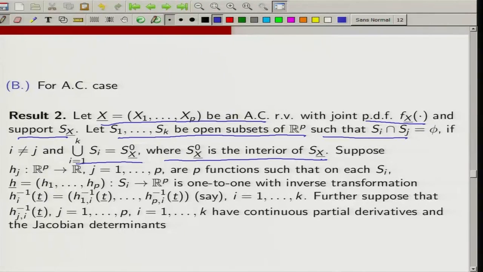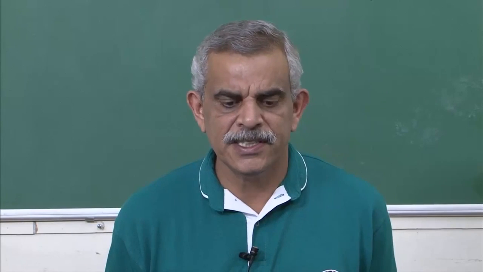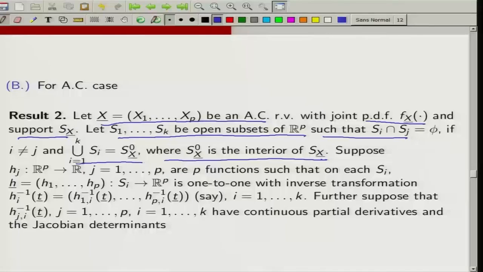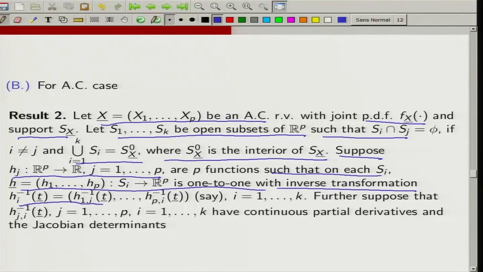So, what we are doing here is assuming that the support of random vector X is a union of disjoint open sets in R^p. If that is the case, suppose I consider p functions Hj from R^p to R such that on each Si, H is 1 to 1, and suppose its inverse transformation on Si is Hi inverse t = (H1i inverse t, ..., Hpi inverse t).